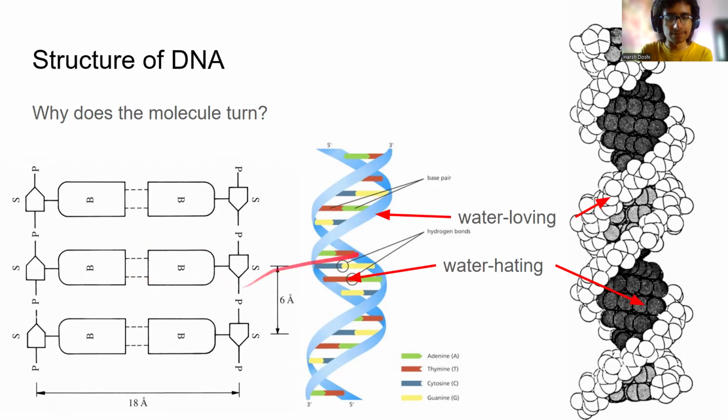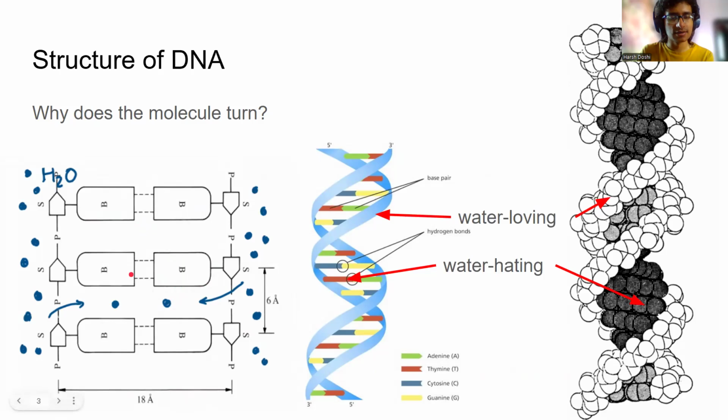The molecules on the backbone are hydrophilic, which means that they like water, whereas the nucleotide bases, the ones inside, are hydrophobic. And since the DNA is present in an aqueous environment usually, if the DNA were present in this open parallel planar structure, then water molecules could get inside the spaces between nucleotide bases, which would be energetically unfavorable.